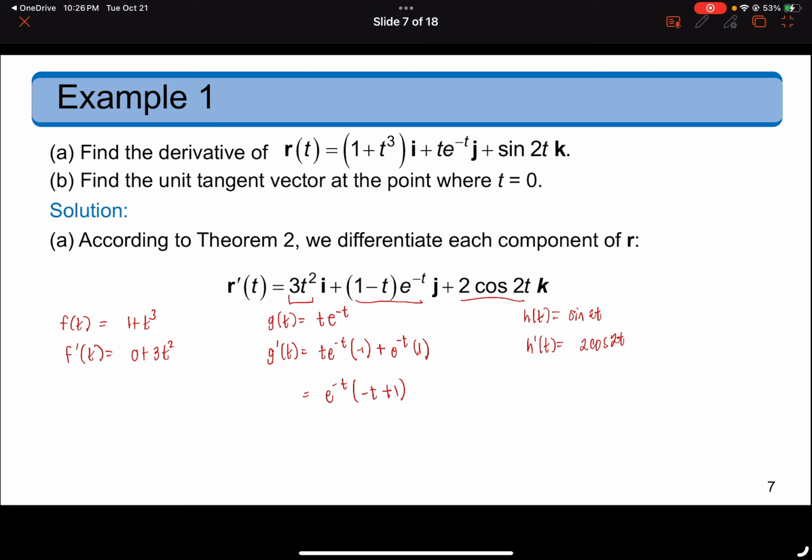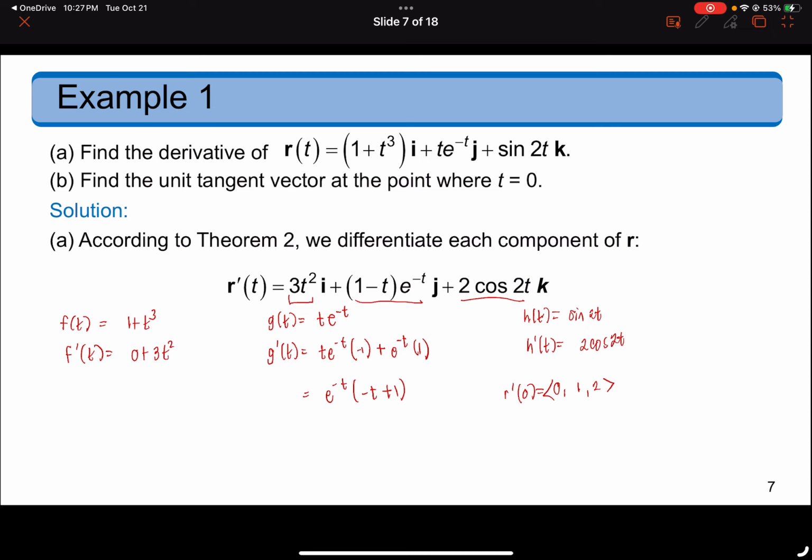With this, we evaluate this at t equal to 0. So it would be 0, 1 minus 0 times e to the 0, so that would be 1, and then 2 cosine 0, so it would be 2. So we are having r prime of 0 is 0, 1, 2.